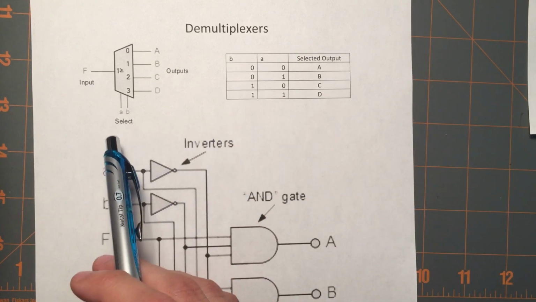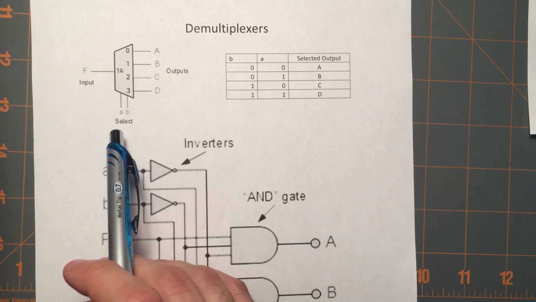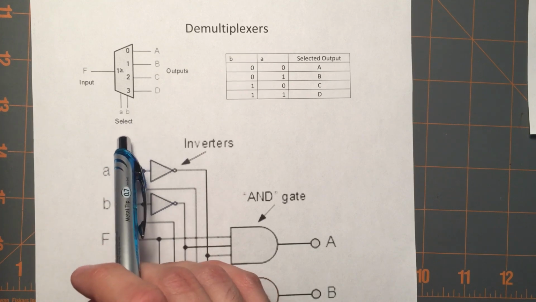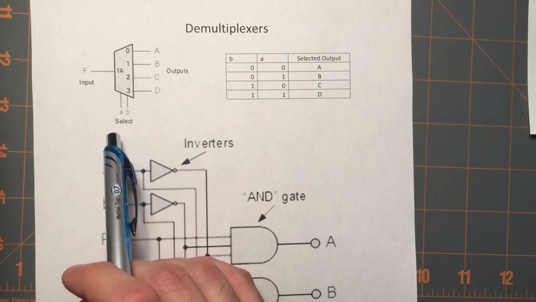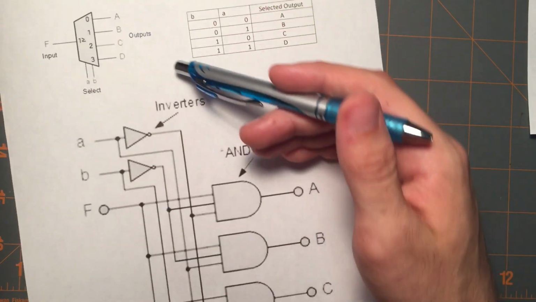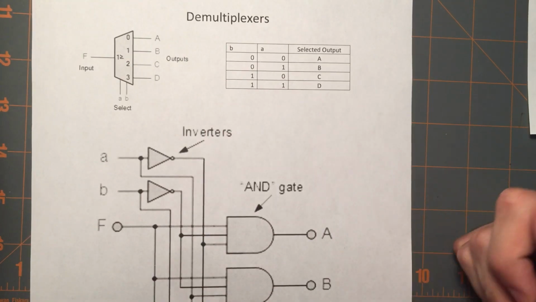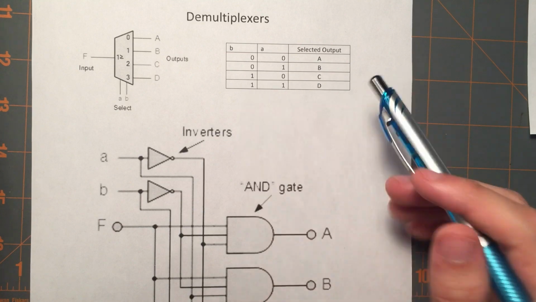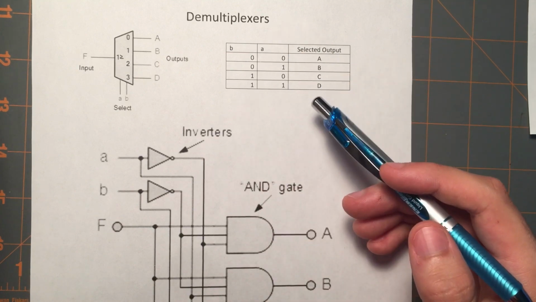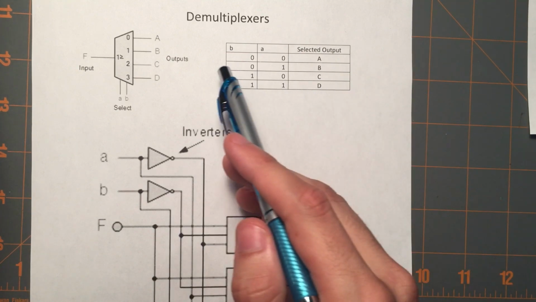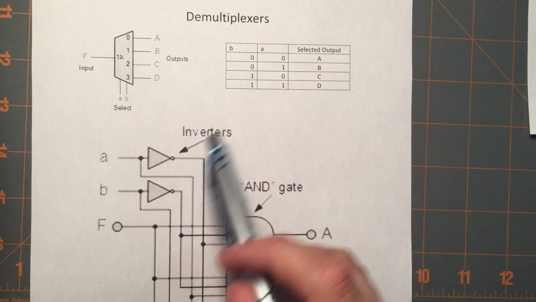It is exactly the same in that there are still selector inputs, the number of which is determined by the number of possible outputs. The truth table on the right here again shows a relationship between the selector bits and the output.